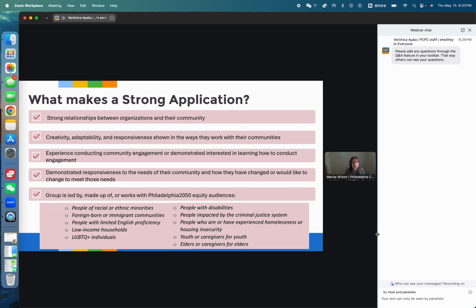So that includes working with, being, or having your group be led by people of racial or ethnic minorities, foreign-born or immigrant communities, people with limited English proficiency, low-income households, LGBTQ plus individuals, people with disabilities, people impacted by the criminal justice system, people who are or have experienced homelessness or housing insecurity, youth or caregivers for youth, elders or caregivers for elders.